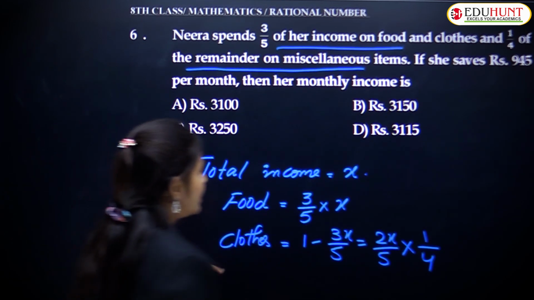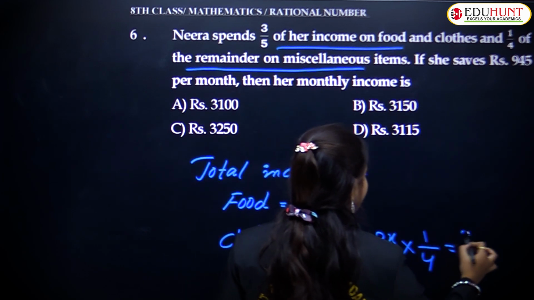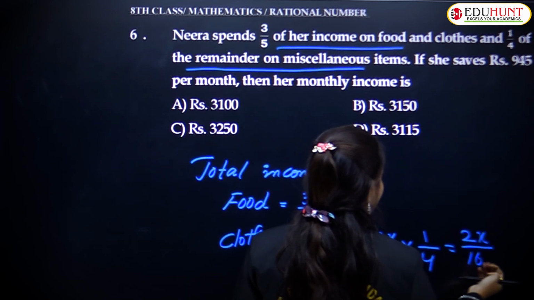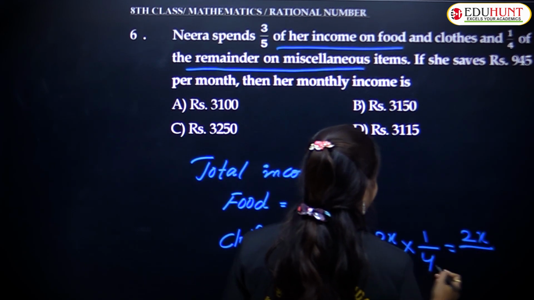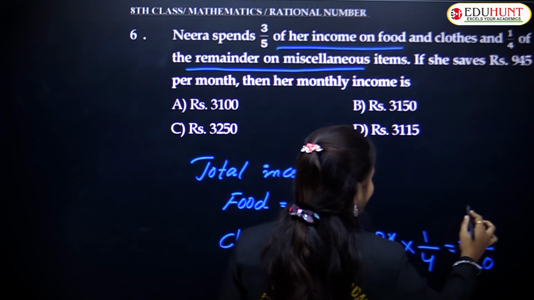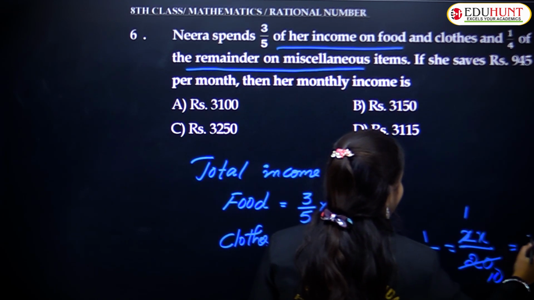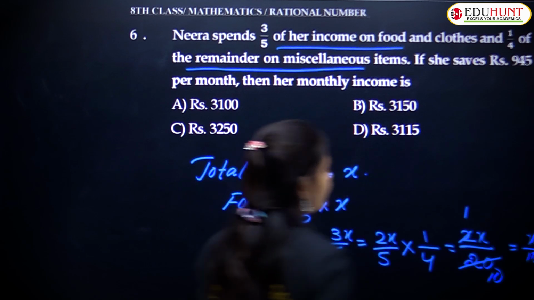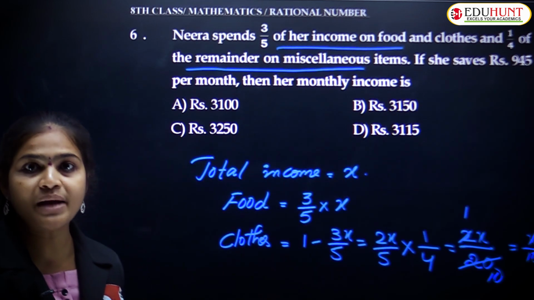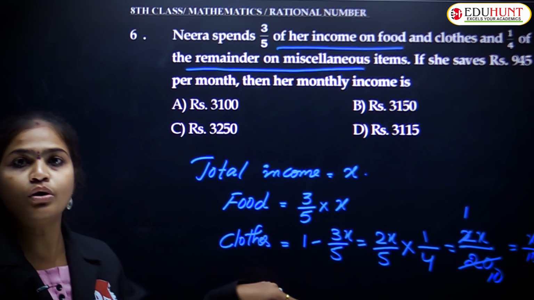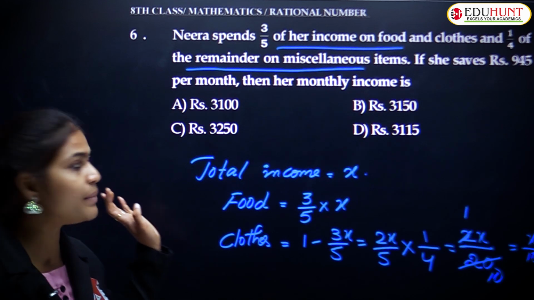Clear? So, that is the meaning of this one. So, 2x by 20, which is equals to x by 10th part. Which means 1 by 10th part from the total amount. Understand? That is the meaning.